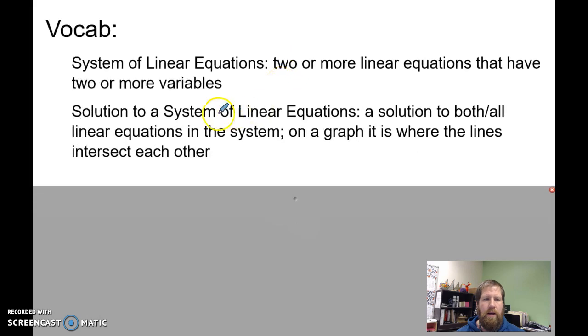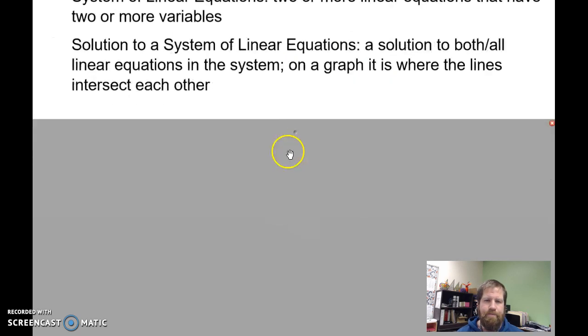A solution to the system is going to be a solution that fits not just one of those equations, but all of them. On a graph, that's going to be where all those lines intersect with each other. Generally, a system is just going to be two lines, so it'll be where those two lines intersect.